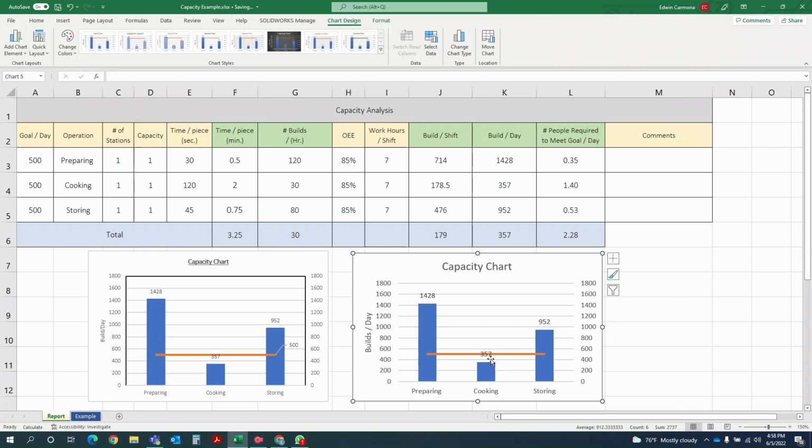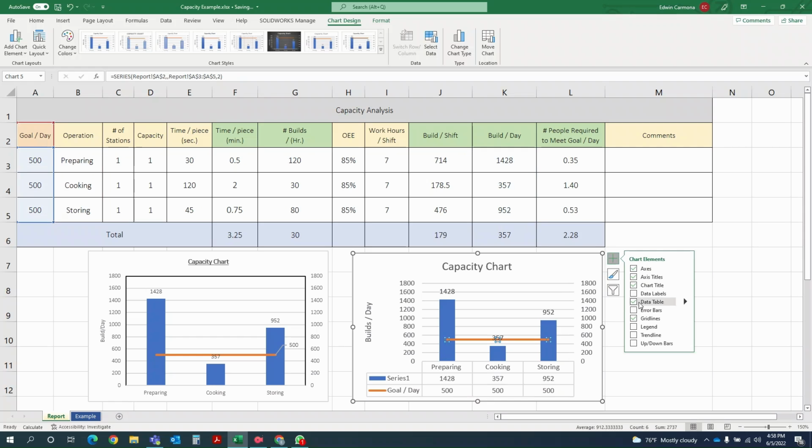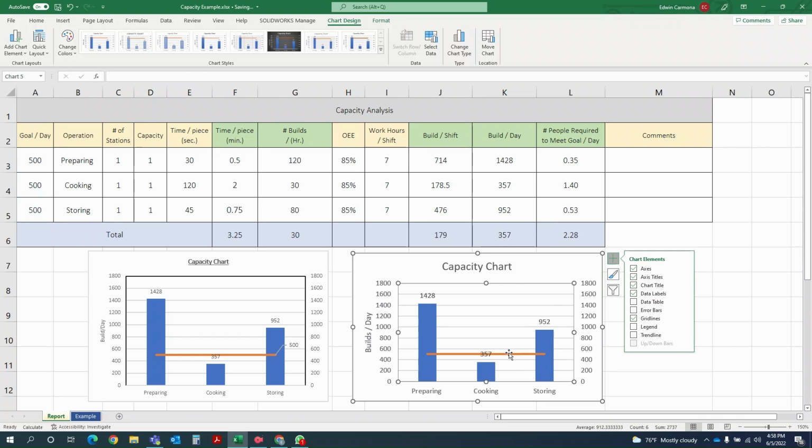Now you'll be able to see in preparing and storing, I've definitely met my mark. Maybe I can add a data label there. Data label, there you go. I don't need this one or this one, just need this one right there.